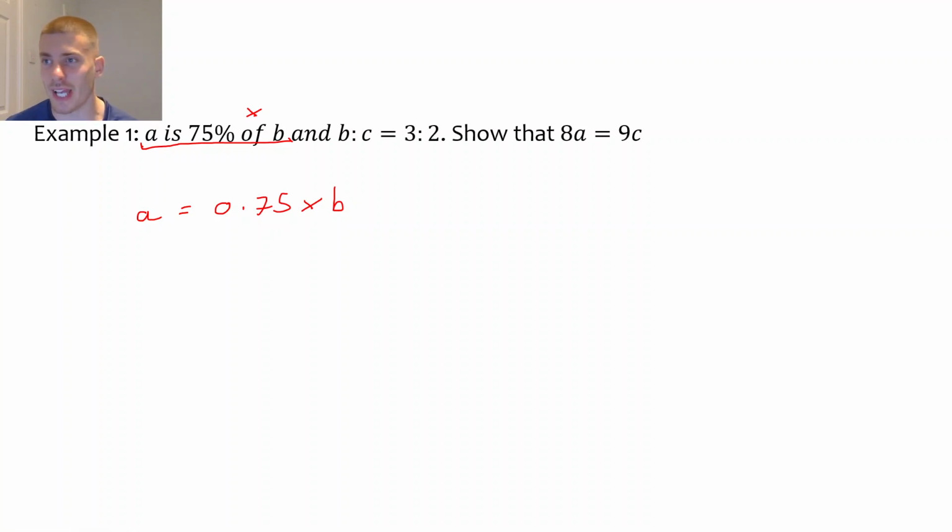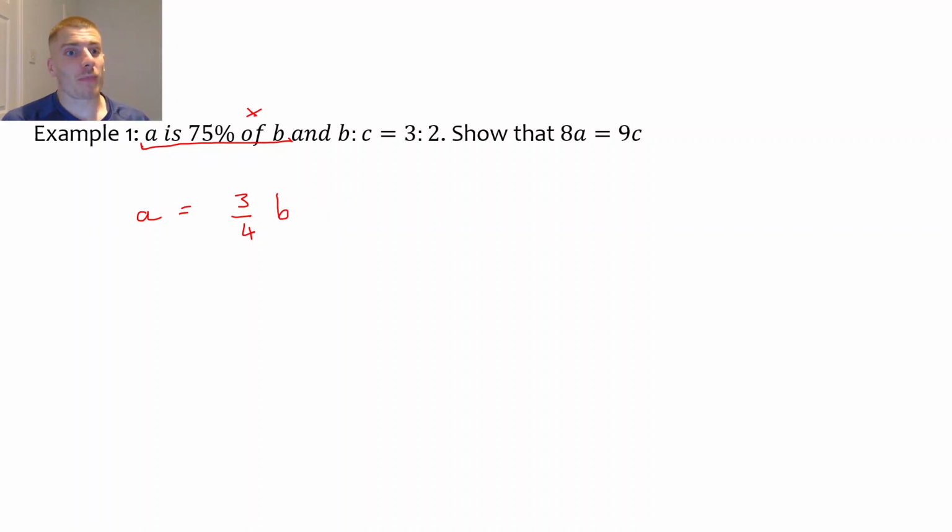Okay, A is means A is equal to 0.75 times B. Now, it's going to be much more useful here to be working in fractions. Decimals aren't always the easiest to deal with. And 0.75 is 3/4 as a fraction. So I'm going to write this as A is equal to 3/4 times B. Now, if you're saying 3/4 times B, you can just write it as 3/4 B.